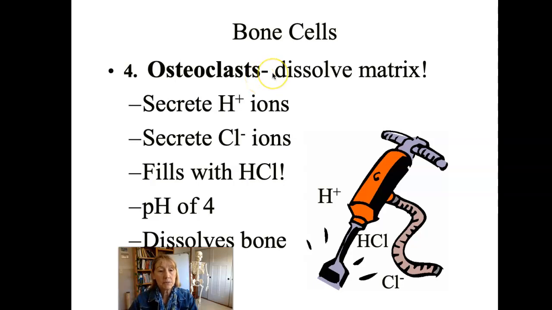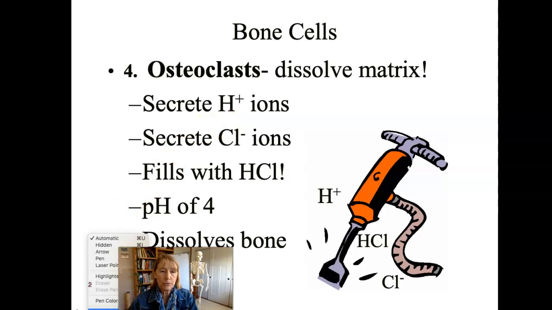Sometimes you need more calcium in other parts of the body, and you break down a little bit of the bone and circulate that calcium. Hard to believe, but yeah. How do you break down bone with these osteoclasts? Well, these cells are incredible.